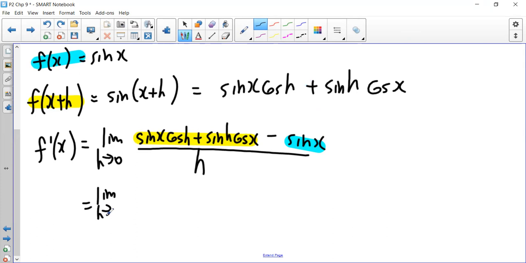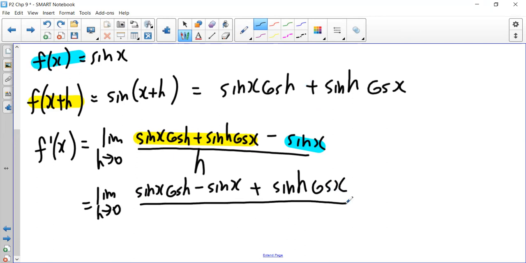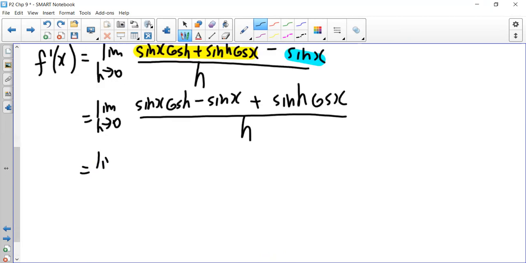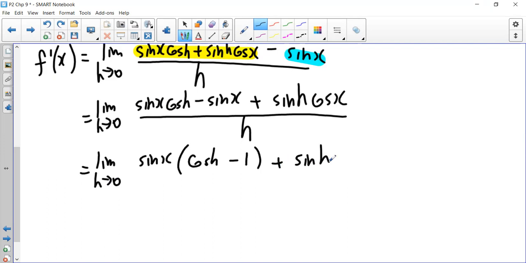So the limit as h tends to 0 of sine x cos h minus sine x plus sine h cos x, over h. Next, the first two terms both have sine x, so I can factorize a sine x out. Then it becomes cos h minus 1, and that's where cos h minus 1 comes from, plus sine h cos x, over h.